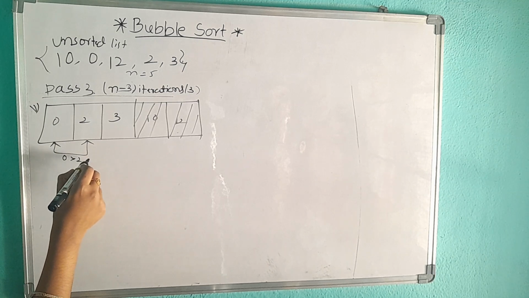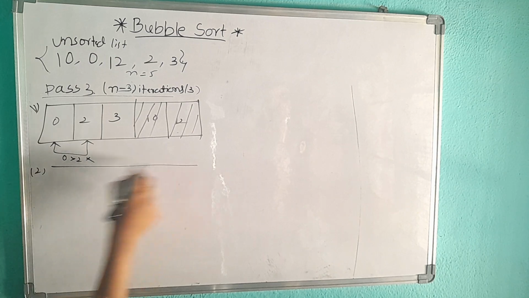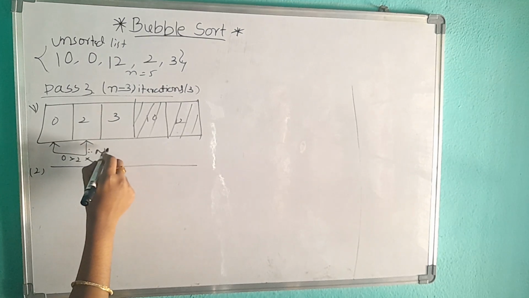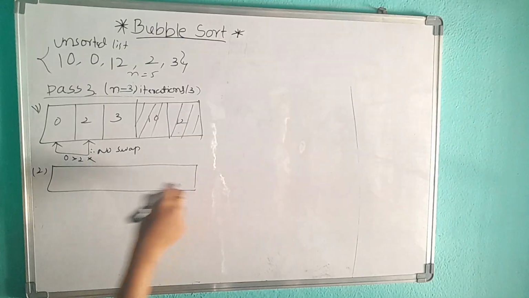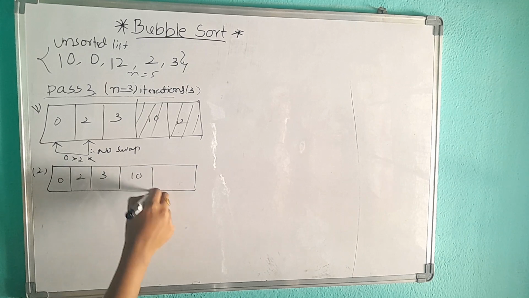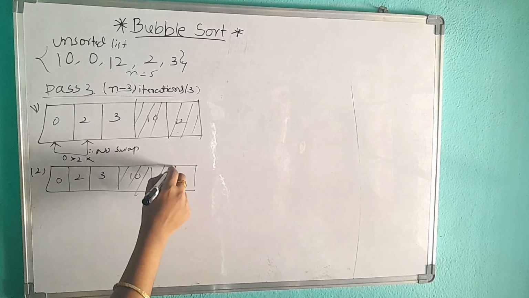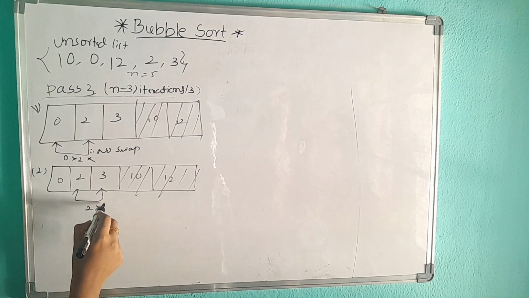Is 0 greater than 2? No, the condition fails. So, no swapping is required. In the second iteration, we have to compare the next two adjacent elements. These elements are fixed. So is 2 greater than 3?